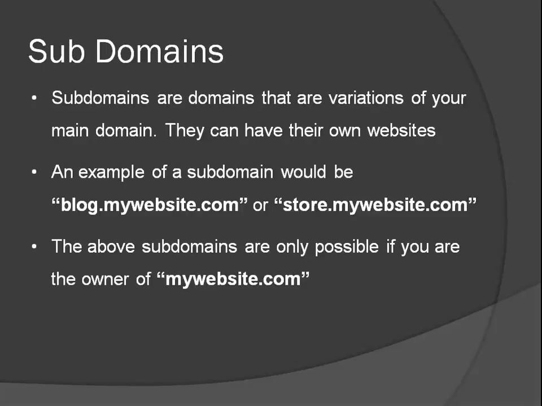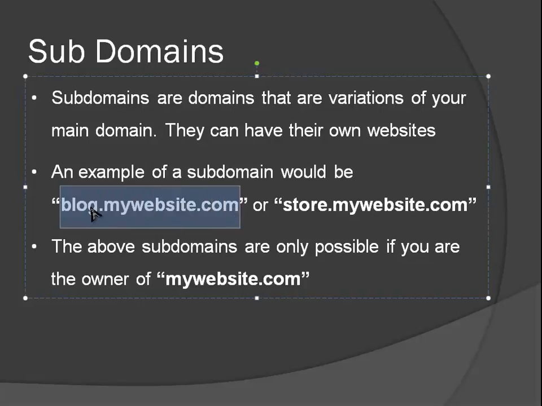Subdomains are pretty much variations of your main domain, and you can actually have your own websites on each subdomain. An example: if we have a domain called mywebsite.com, we could create a subdomain called blog.mywebsite.com, and we could have a separate installation of WordPress or whatever system we're going to use on this domain.